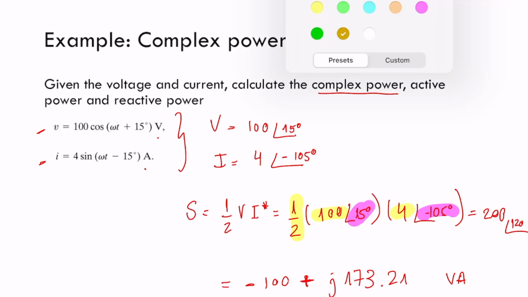So the answer to the last two questions: the active power is minus 100, and the reactive power is 173.